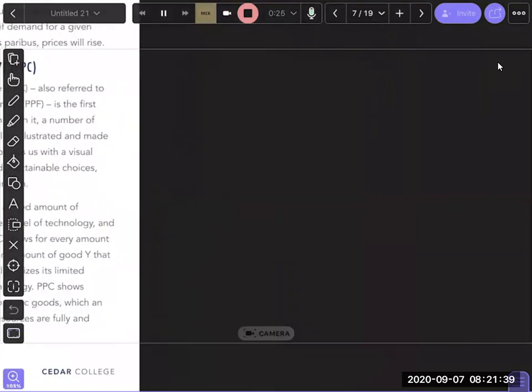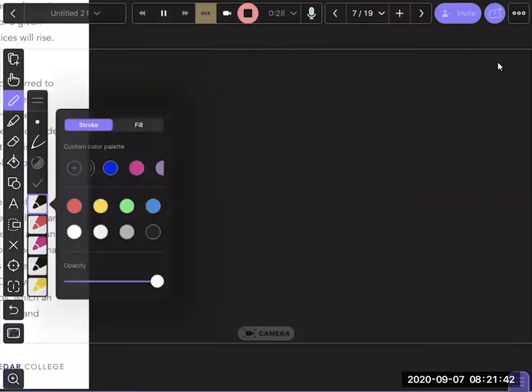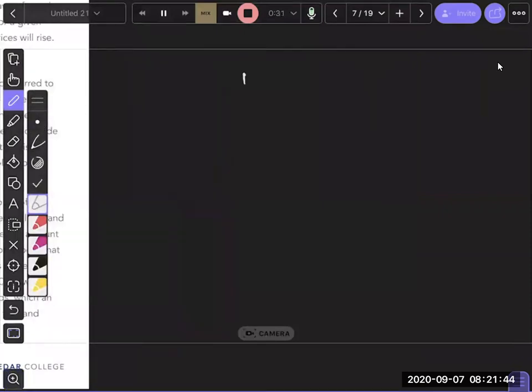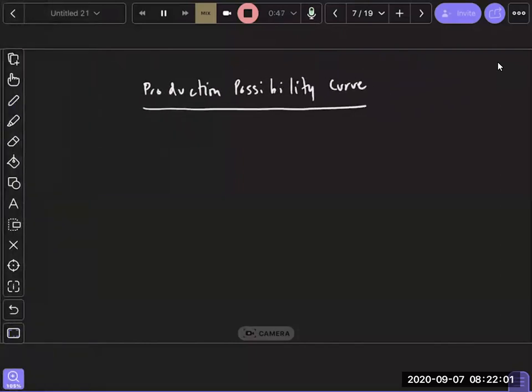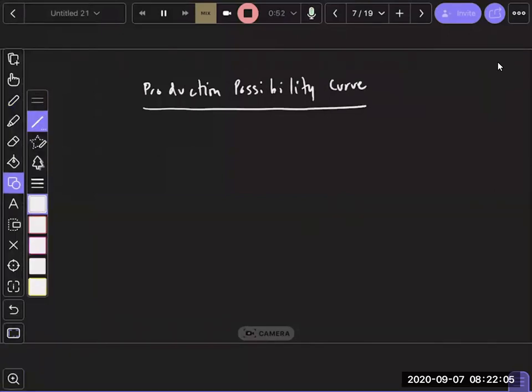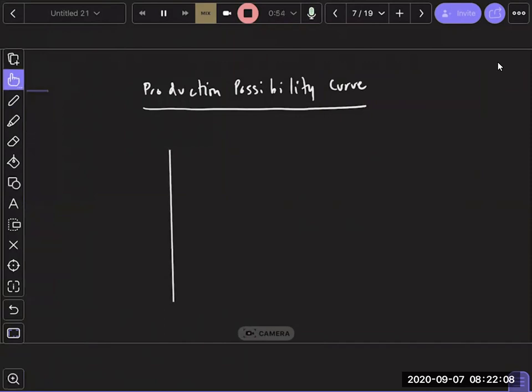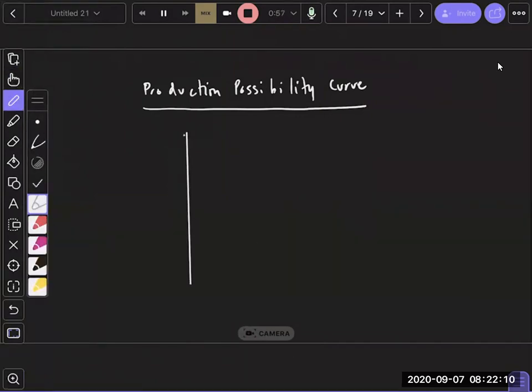When you look at the production possibility curve, we also call it the production possibility frontier. It is kind of your first economic model, the first model that we study in economics, that helps us look at a situation out there in the real world.